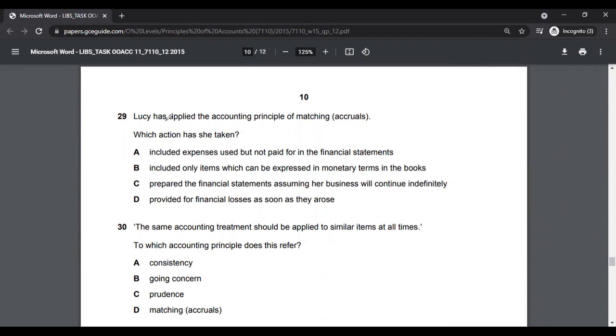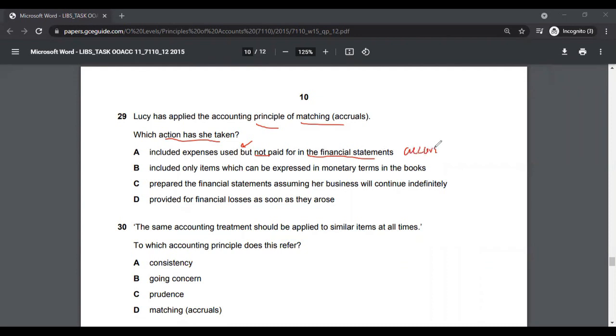Multiple choice 29. Lucy has applied the accounting principle of matching accruals. Which action has she taken? Included expenses but not paid for in the financial statements. So basically this means accrued expenses have been reported in the balance sheet.